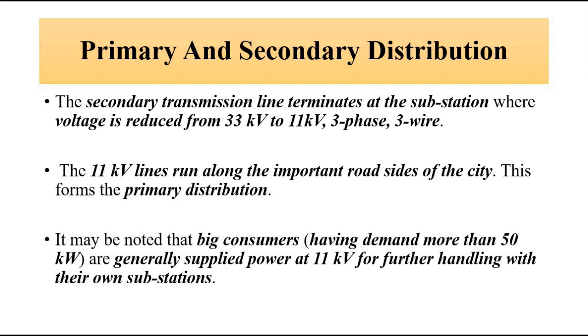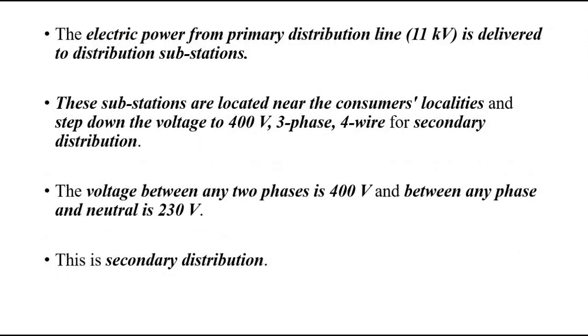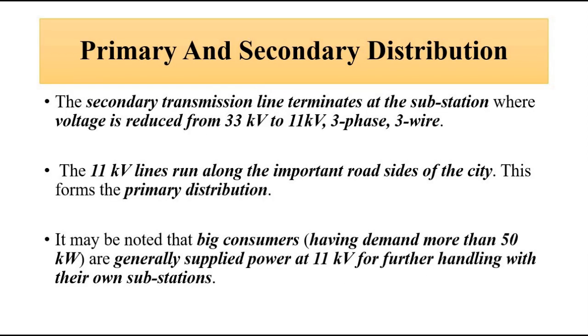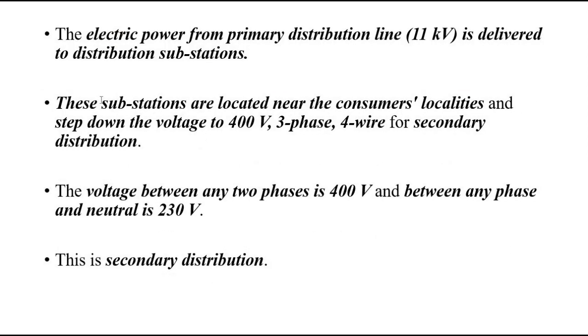Okay, and then from the primary distribution line, 11 kilovolt is distributed to the various substations, and these substations again step down the voltage from 11 kilovolt to 400 volt using a step down transformer. Okay, in the substation again, and this is a 3-phase 4-wire secondary distribution.